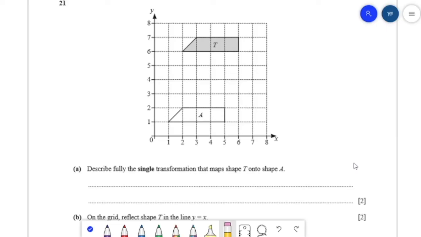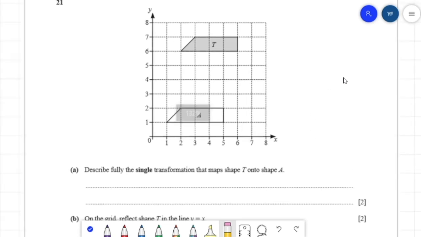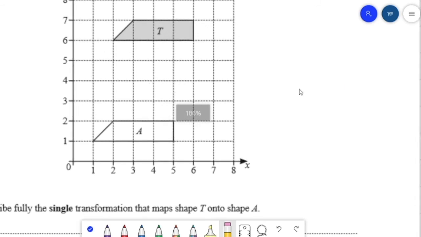B. On the grid, reflect shape T in the line y is equal to x. Okay, so first off, I'll start by drawing the line y is equal to x. So here we have the points y is equal to x.